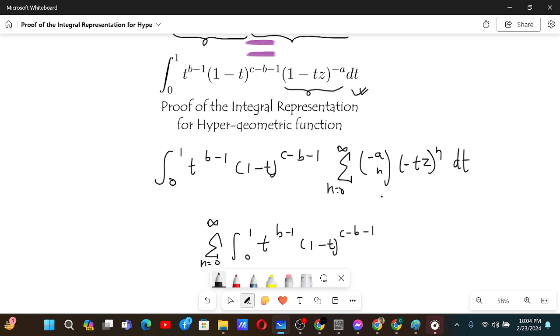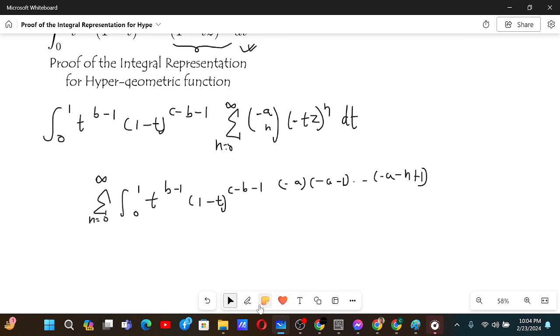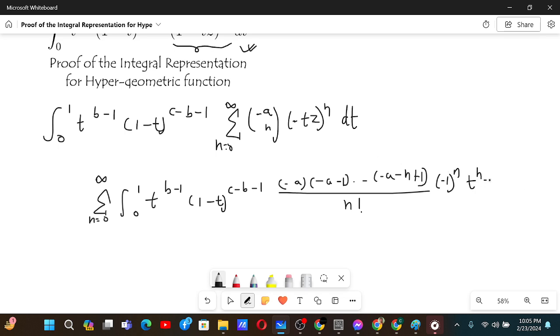Now this will be minus a times minus a minus 1, and so on up to minus a minus n plus 1. Up to that point it will continue, and over here we'll also have n factorial, and we also have minus 1 to the power n over here, and then t to the power n, g to the power n dt.